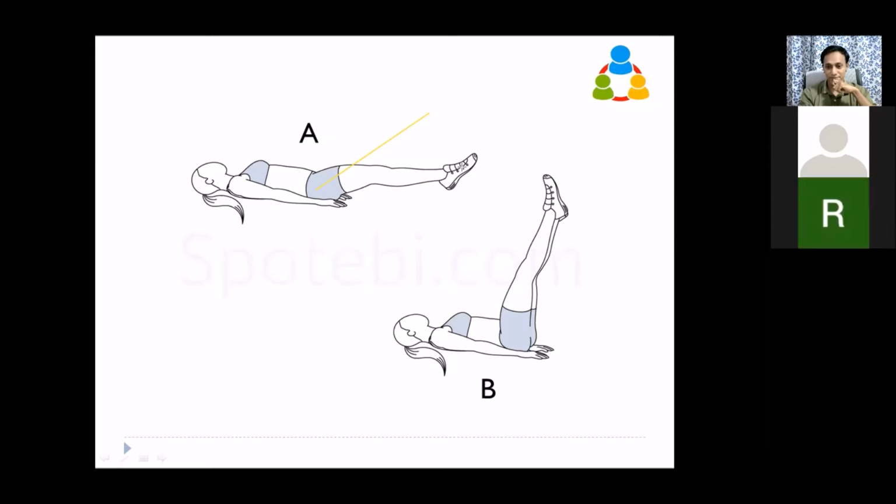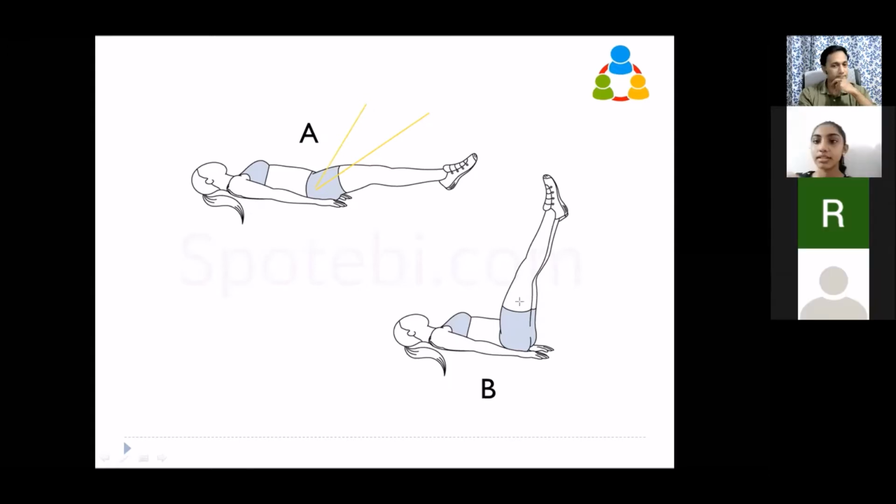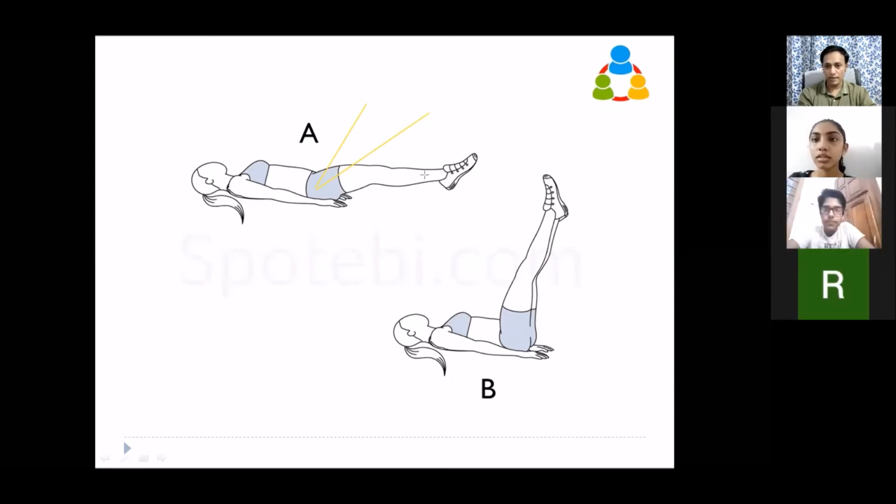Sir, inclined. Okay. Any other answer? So you are saying this is more tougher, if you keep it like this? So we are comparing it with B, right? No, I am asking, this is the original position. What if you fold the leg like this, in this position? Is that tougher? Further like this. Which of these is tougher?